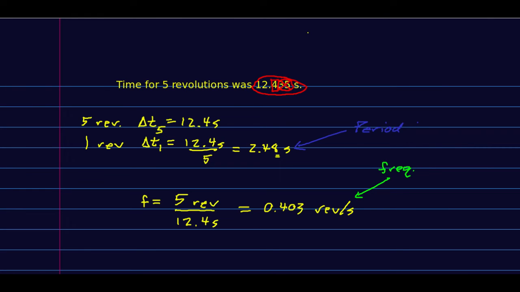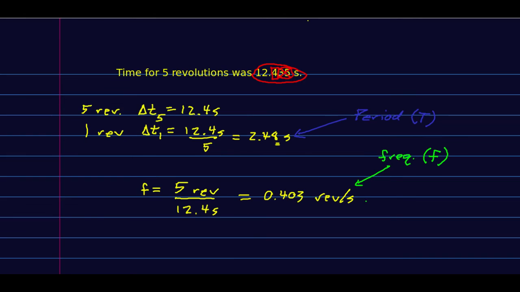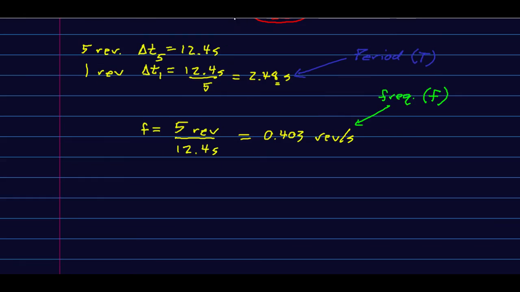But now notice something. The period, which we'll call capital T, and the frequency, which we're calling f, and look at how they were calculated. That period was 12.4 seconds over 5, right? So this was the time for the 5 revolutions divided by the number of revolutions.